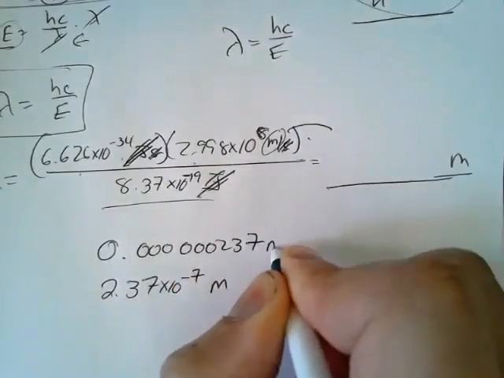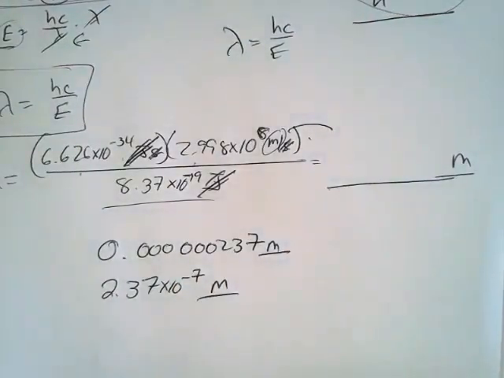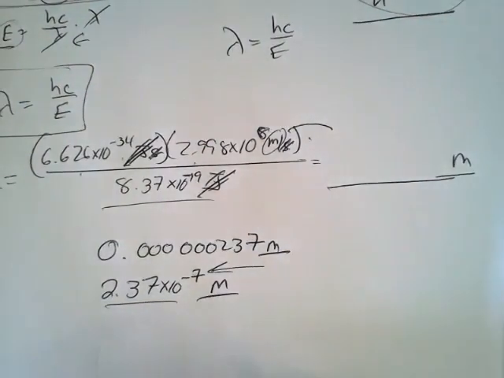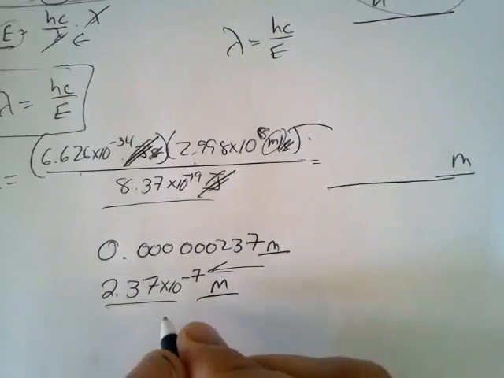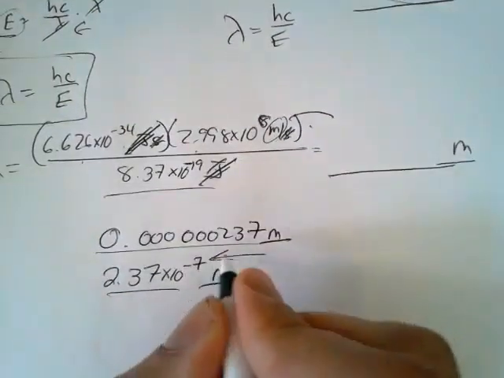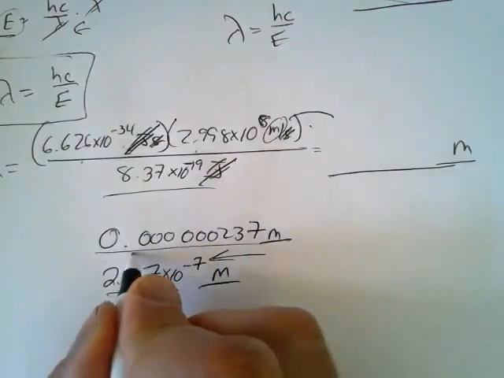Now we know that these both would carry the units of meters. Here again, we don't recognize times 10 to the minus 7 as something that has an acceptable prefix. So we'd have to go back to thinking about what that means. We have, again, two options.